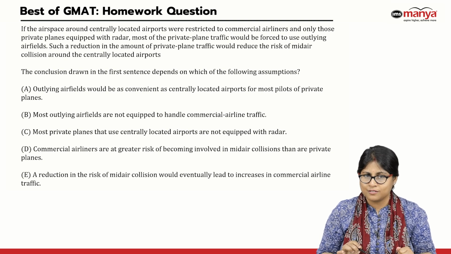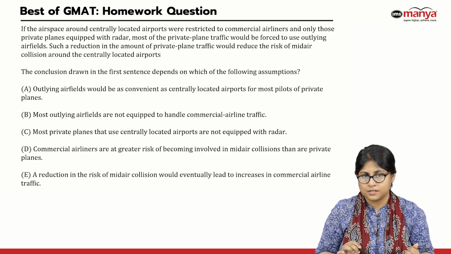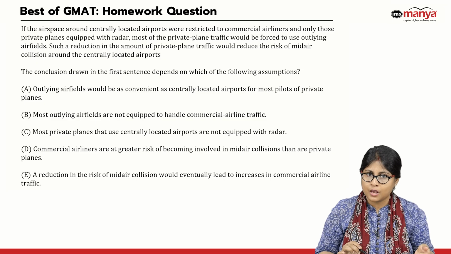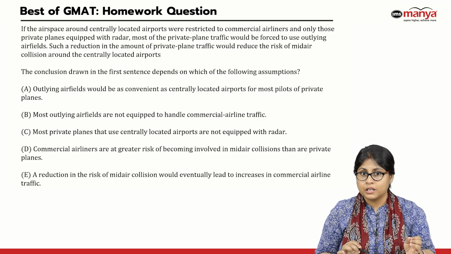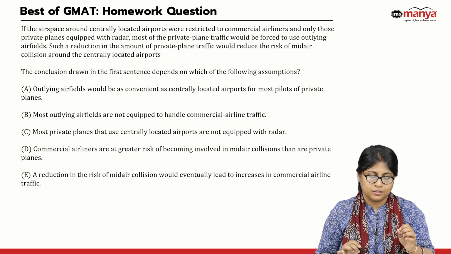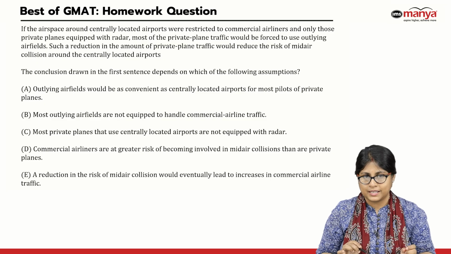the assumption behind the conclusion drawn in the first sentence, which means there could be multiple conclusions, there could be a conclusion afterwards also, but clearly the task is very precisely mentioned that we have to find the assumption behind the conclusion of the first sentence.